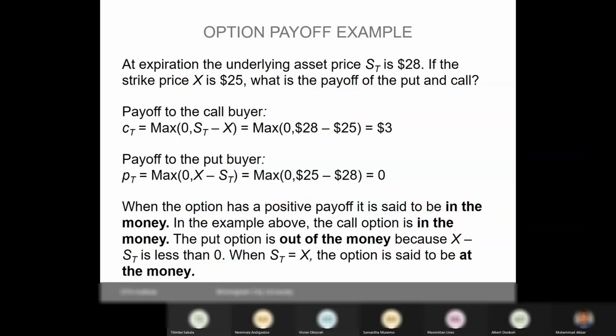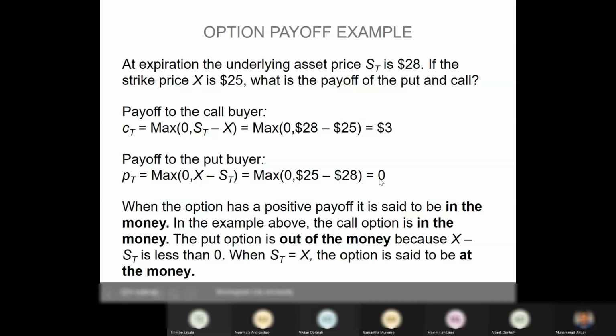So exercising the right to buy at 25 is beneficial. So your gain is 3. If you have the right to sell it for 25 and in the market it is selling for 28, then exercising the put option is not good, because if you exercise it, you will realize a loss of 3. So therefore, not exercising it is favorable. The payoff will be 0.